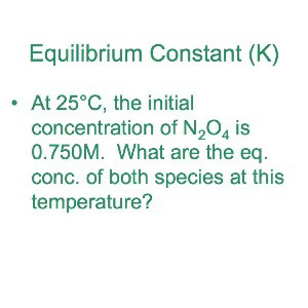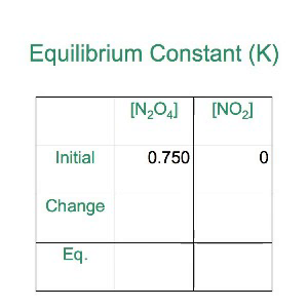And if we increase products, then it naturally tells us we will decrease reactants. So your change for your N2O4 will be negative, and your change for your NO2 will be positive. Well, now we have to figure out by how much will it change.